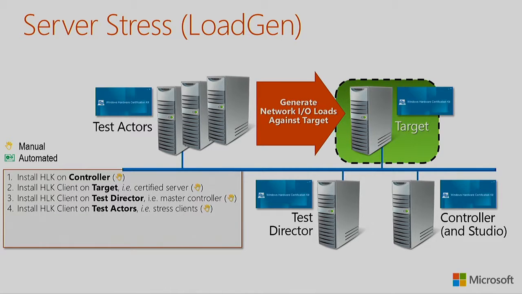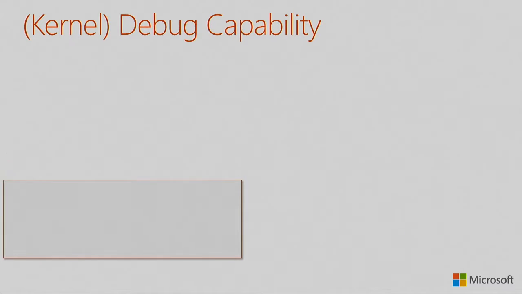It will put the binaries on the actors or the target and execute them according to the prescribed script or prescribed steps created by the developers of each of the tests. So this is what you would do if you were to test a certified server.